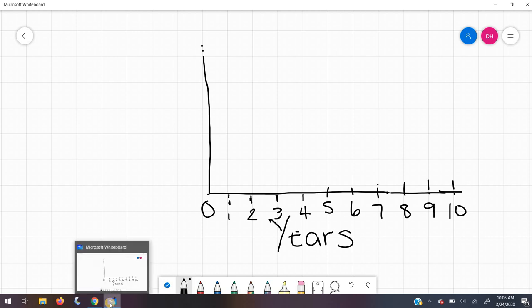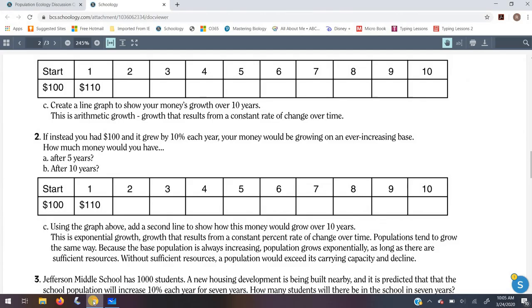And then we're going to put the amount of money that we have on our y-axis. This is our population, and our money is always in $100 increments, right?